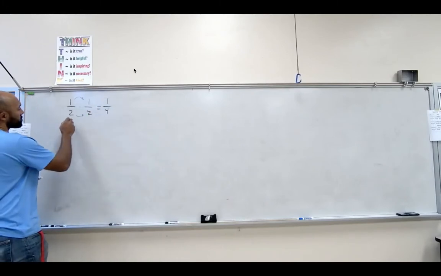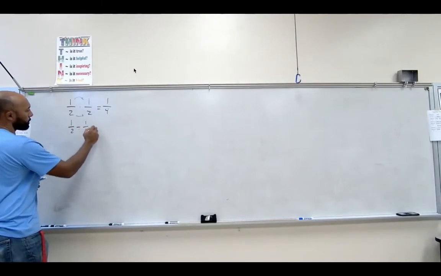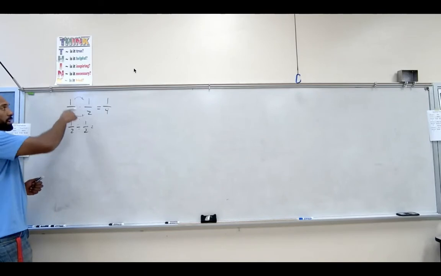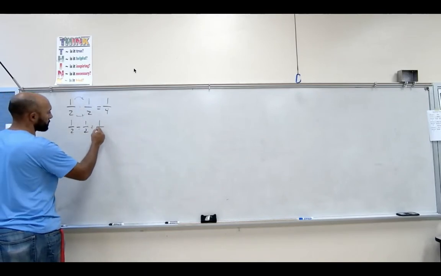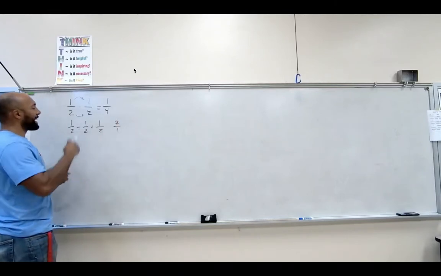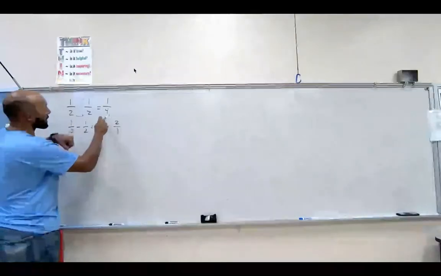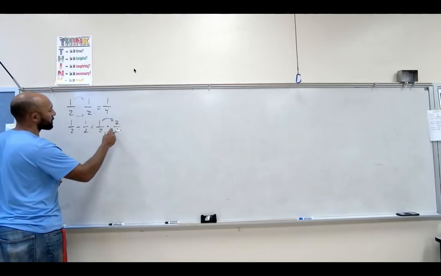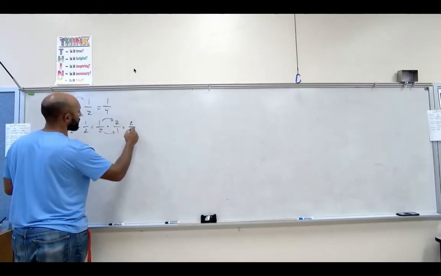If I was to divide these two, before I do this, I flip the second fraction, I take the reciprocal of it, so it becomes 2/1, and then instead of division, now it's multiplication. Now I do the same thing, multiply across, 1 times 2 is 2, 2 times 1 is 2.